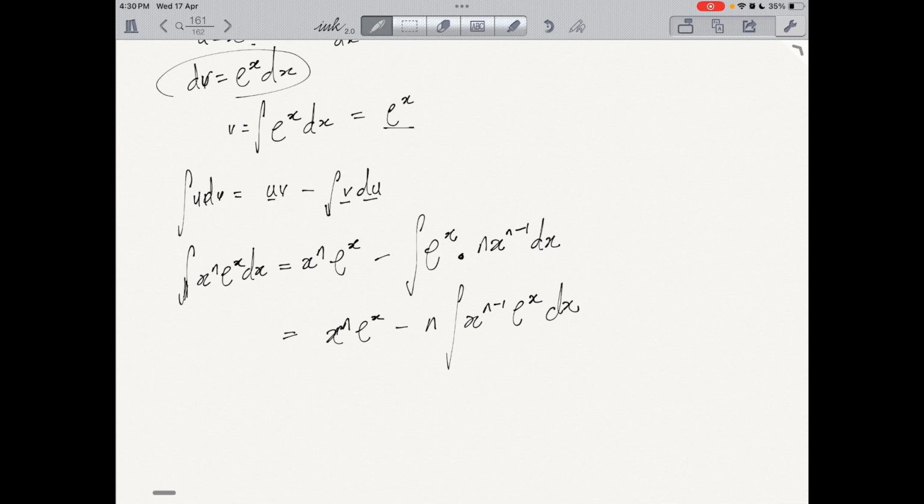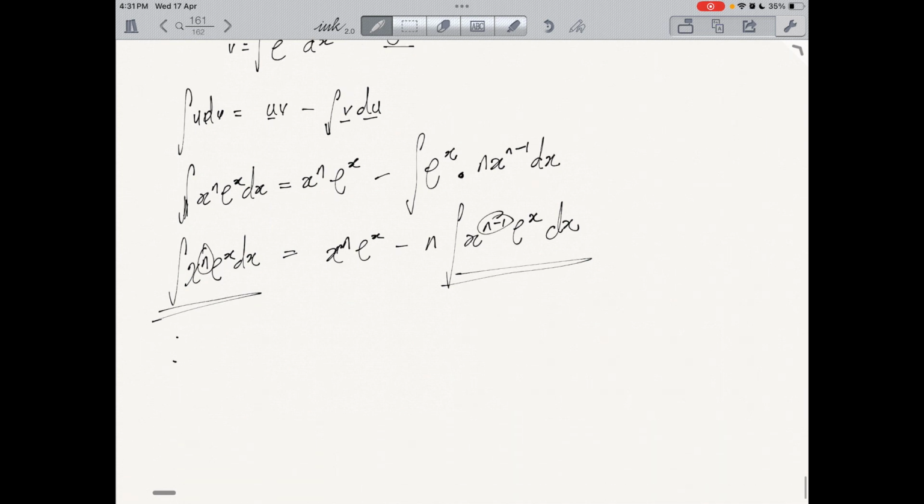Now the integral on the far right is seen to be of the same form as the integral on the left hand side, comparing x raised to power n exponential x dx. So this is similar to this, except that n has been replaced with n minus 1.